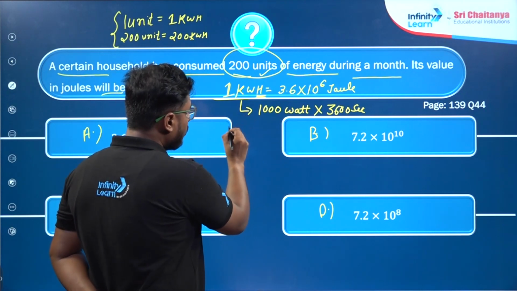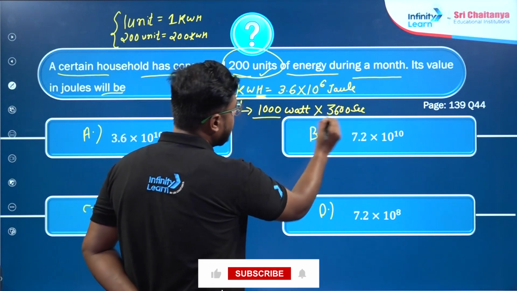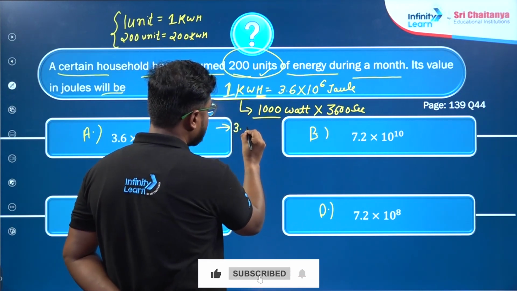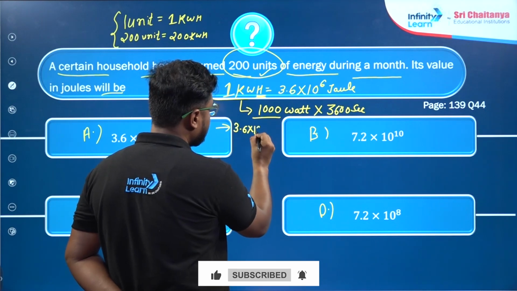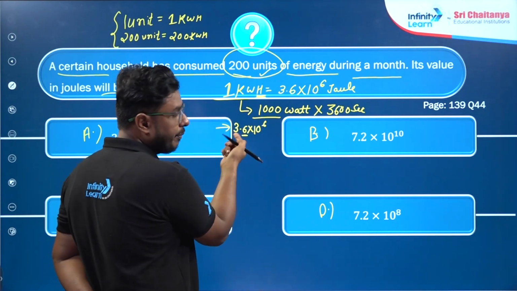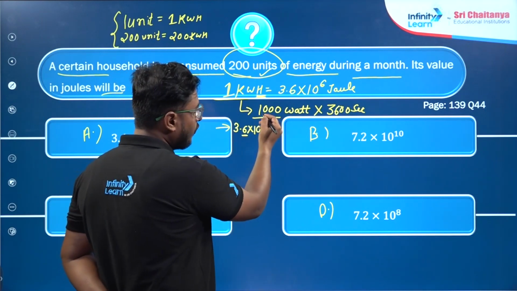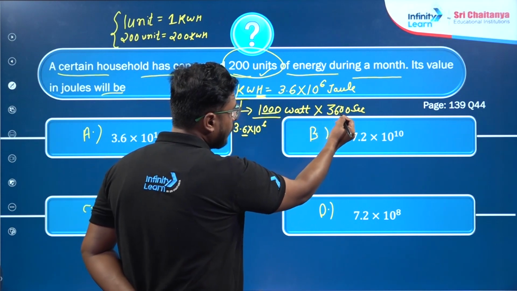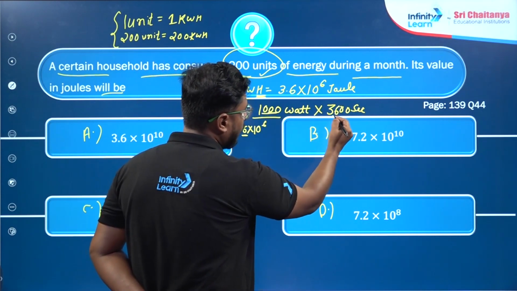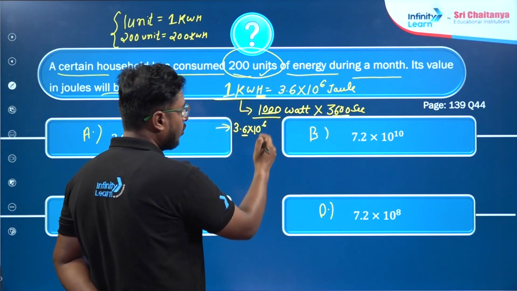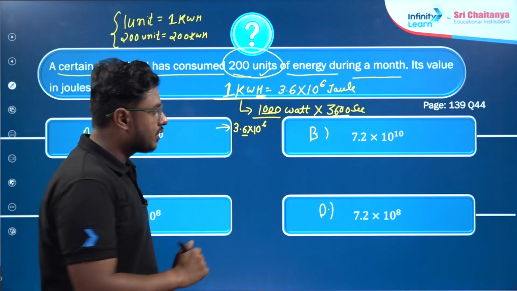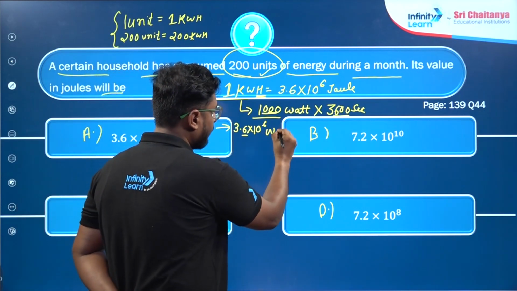So further, 1000 into 3600, I can write as 3.6 into 10 to the power 6. You can count. So 3.6 into 10 to the power 6 watt second.